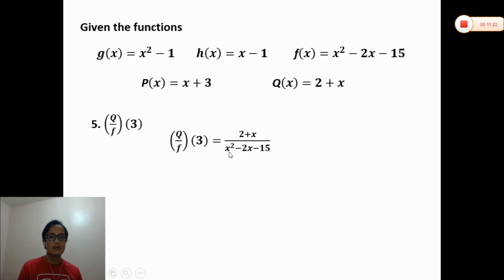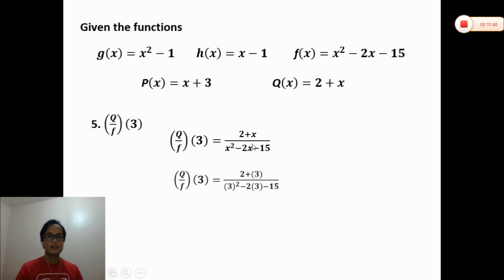So we can just leave it like this. We will not factor it out because there is no common factor in the numerator. So what we need to do is simply substitute directly the domain, which is 3, to this function.